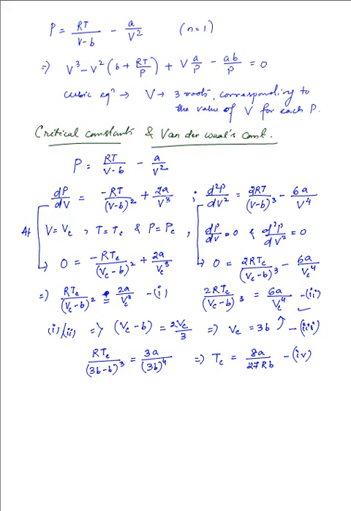Now with all this, we can put the values that we have obtained in 3 and 4 right at the top in this case. So we get Pc now to be equal to RTc over (Vc minus b) minus a divided by Vc squared, and that is equal to, we put the values of Tc and Vc in that.